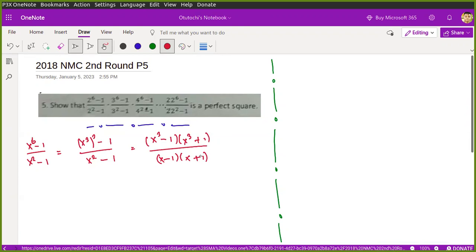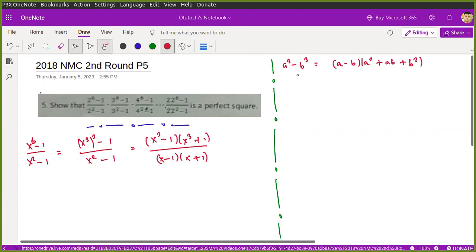To do that, we can use the difference of cubes and the sum of cubes formulas. The one for difference of cubes says that a cubed minus b cubed is equal to a minus b times a squared plus ab plus b squared.